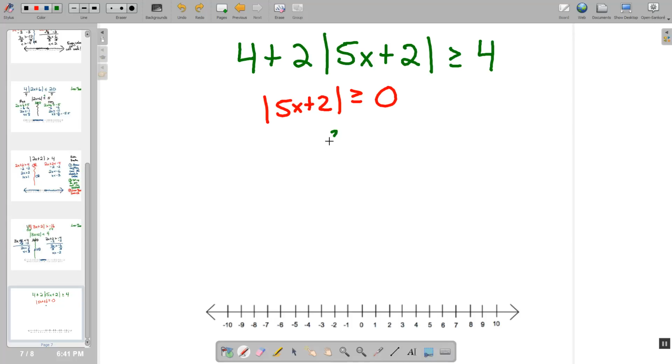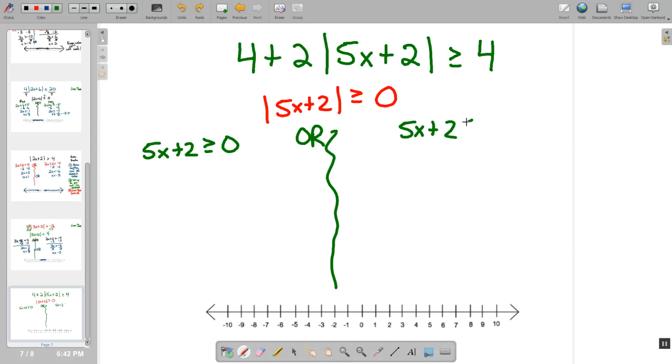So I have right here, by the way, this is greater than, so it is an "or" statement. So I'm going to do 5x plus 2 is greater than or equal to 0. And on the other side, I'm going to do 5x plus 2 is less than or equal to negative 0, which we remember is just 0.